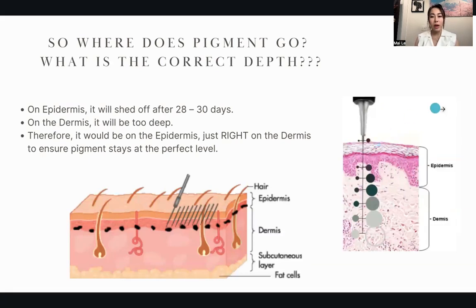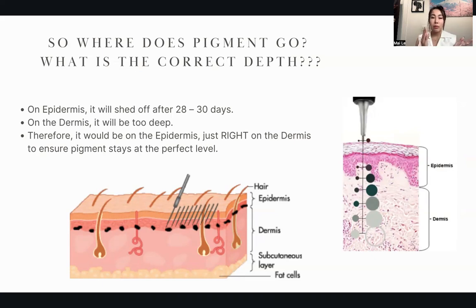But this is the part that is very important. When it comes to PMU, where does the pigment lay in the skin? What is the correct depth? It's very hard for us to pinpoint the correct depth. If I tell you to go 1 millimeter into the skin, you won't know what 1 millimeter into the skin is.